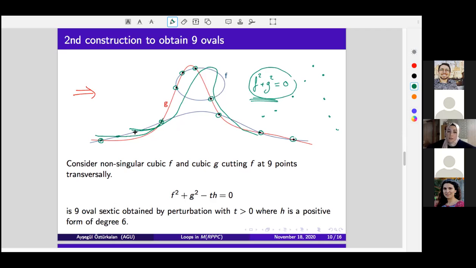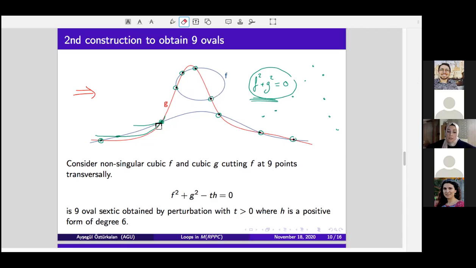Because whenever I have a tangency, for example, this comes, and here, if I have a tangency, it means instead of 2 points here, I have 1 point. And so from now on, it is not 9 points, it becomes 8 points. So I cannot jump to another space. I want to study in the 9 oval space.